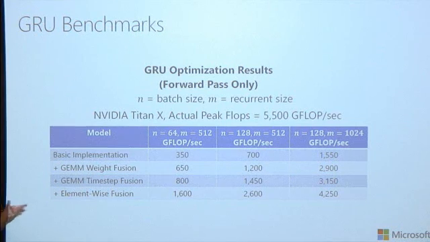Of course, the 128 by 1024 is the typical one that we do, and that's the one that gets near peak flops.